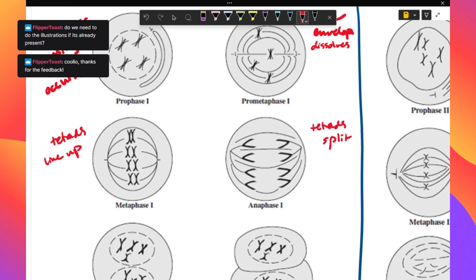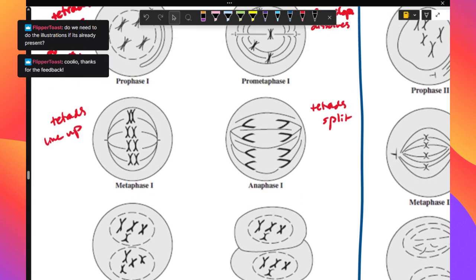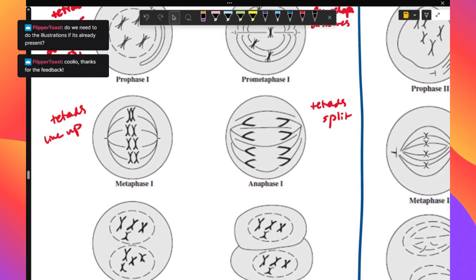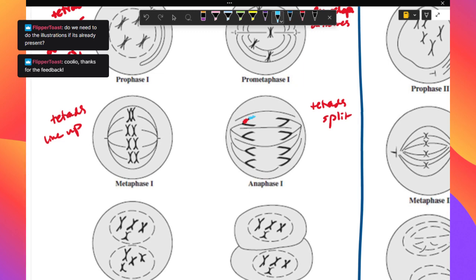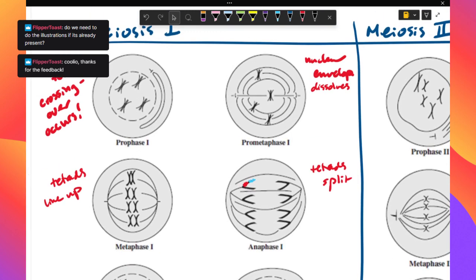Tetrads split in anaphase 1. Now, again, this is where that magic happens, because you've got genetic material. Let me go back here. I'm going to try and use my color coding here.